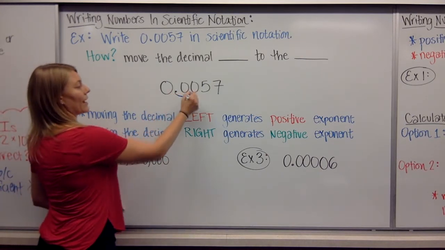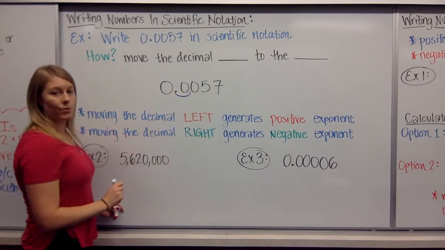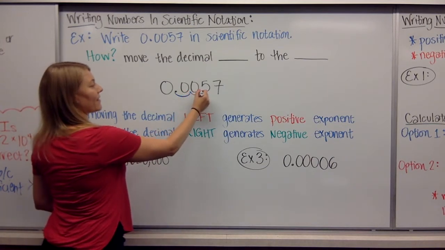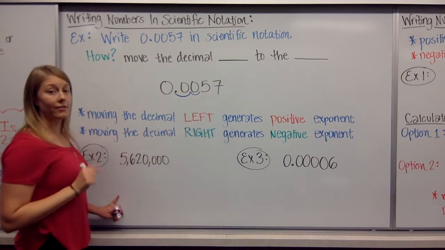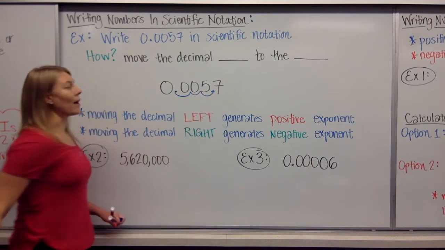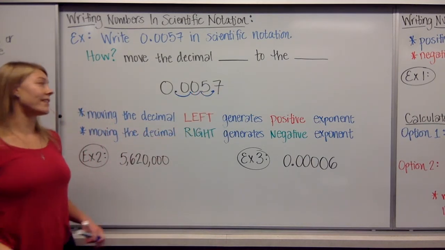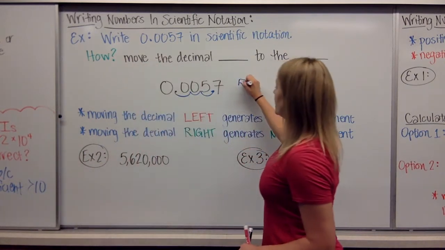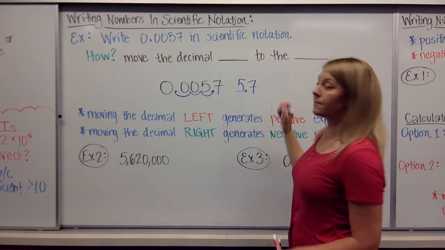Here, now I have 0.057. That's not between 1 and 10. Move it one more place. Now I have 0.57, also not between 1 and 10. One more spot, and that will give me a coefficient of 5.7.